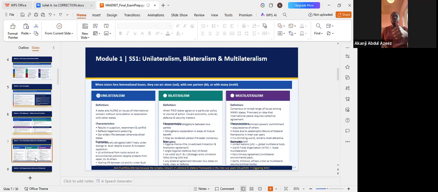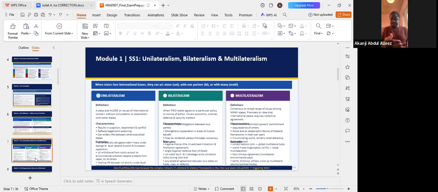Another example is in 2001, when George Bush of America withdrew from the Anti-Ballistic Missile Treaty. They signed the treaty in 1972, an agreement that they should not have anti-ballistic missiles, those weapons.